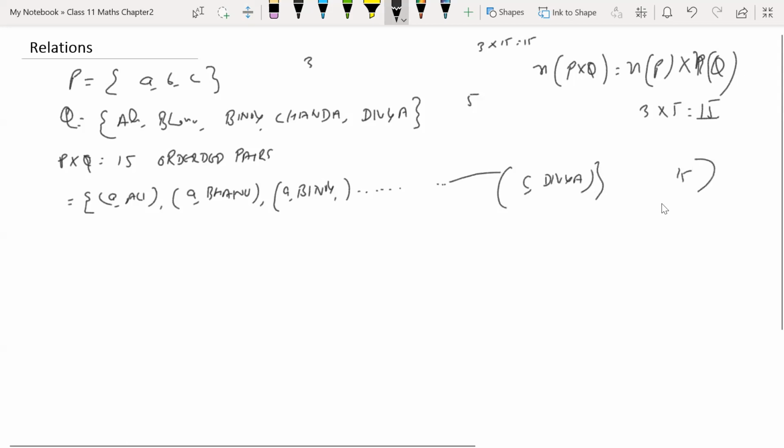All 15 pairs would look like this. We can obtain a subset from this Cartesian product.